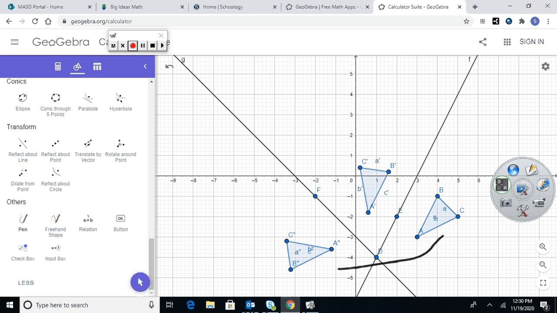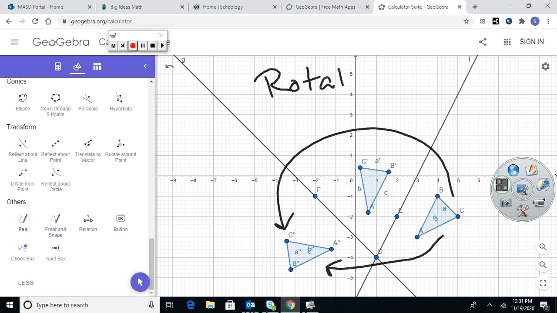From the pre-image to the image, what has occurred? Well, it's definitely not a translation, because we're not in the same orientation anymore. But what happens actually, guys, is it rotates. A rotation is created when you reflect in intersecting lines. So these lines intersect at point D.